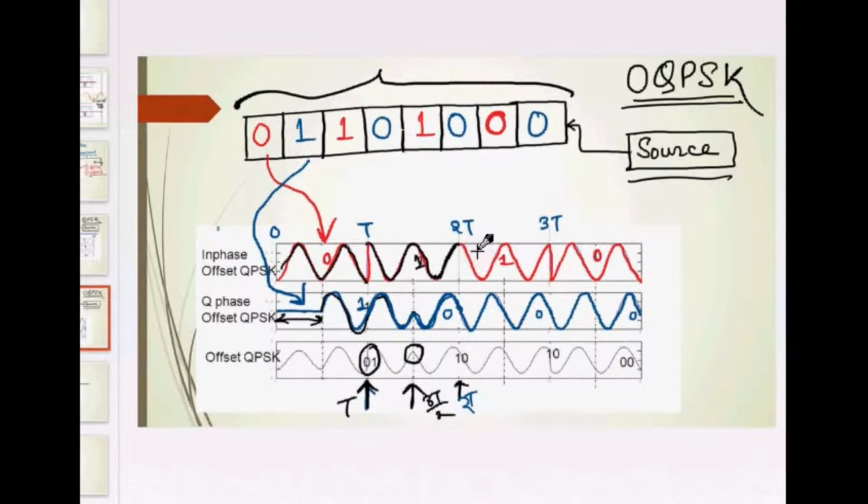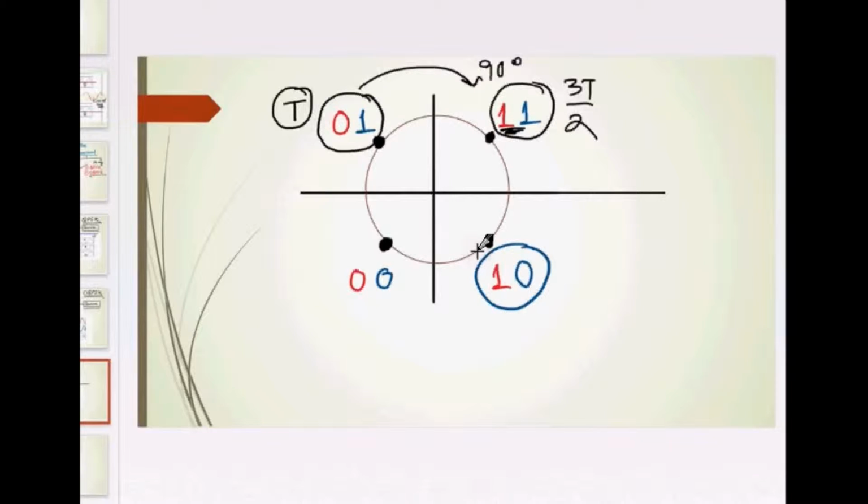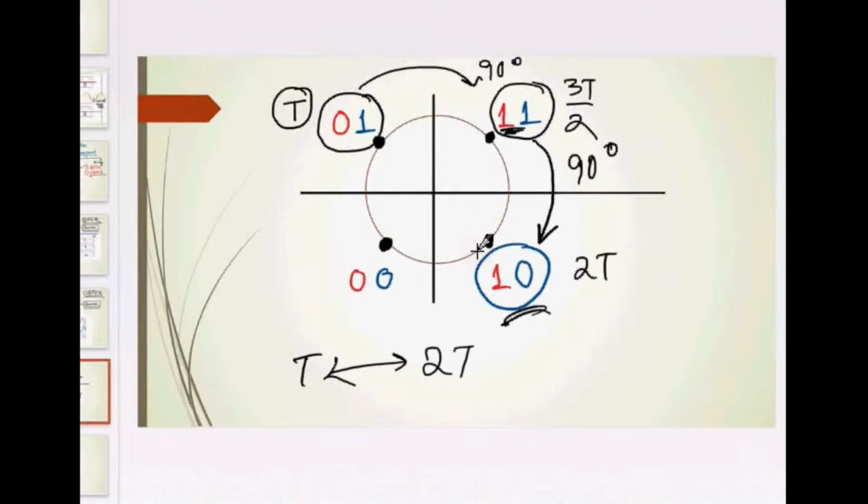So it has changed, and your new data is 1 0. So at 2T seconds, this data has changed to 1 0. That means another 90 degree phase shift. So from T to 2T, that is one sampling gap, your data changes from 0 1 to 1 0 by 2 successive 90 degree phase shifts.